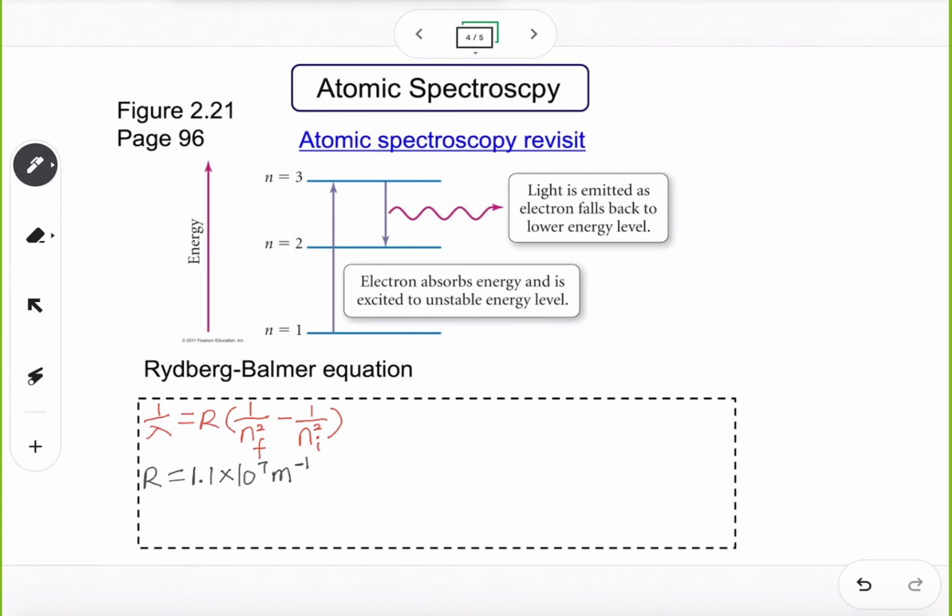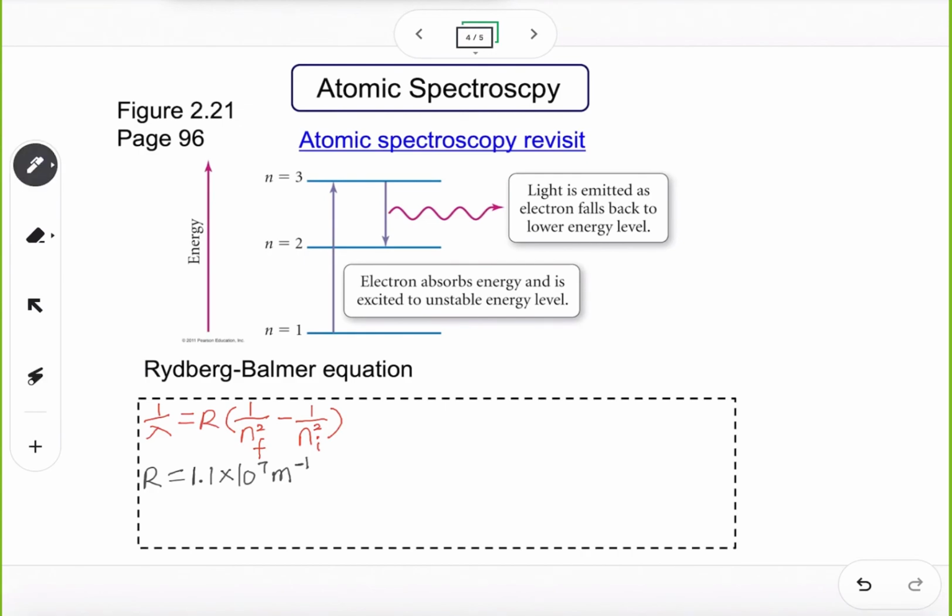Sometimes you can see textbooks using 1.097 times 10 to the 7 meter to the negative 1. It doesn't matter which one you prefer. In this video, we're going to use this value. We don't need to pay attention to the significant figures of those constants anyway, so it doesn't matter.